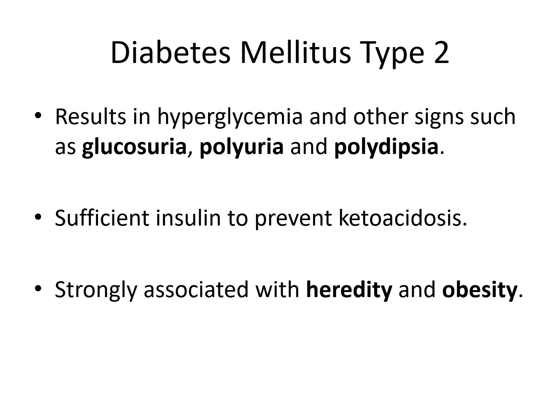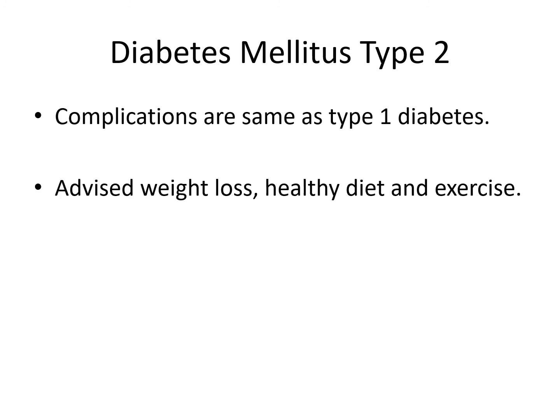This results in hyperglycemia and other signs such as glycosuria, polyuria, and polydipsia, which we mentioned just now. There's insufficient insulin to prevent ketoacidosis. It's strongly associated with heredity and also obesity, and the complications are the same as in type 1 diabetes. Most often it can be controlled by weight loss, a healthy diet, and exercise.